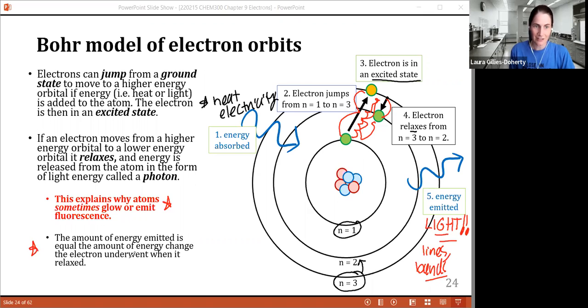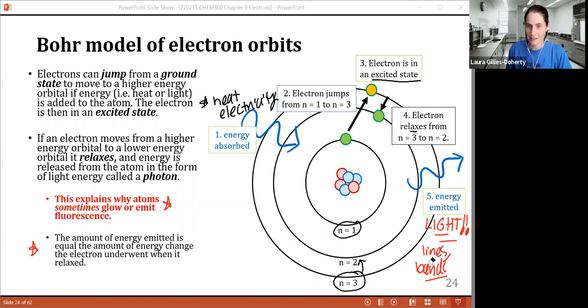And then the last thing to note is that the amount of energy that's emitted is going to be related to the amount of energy between these different orbital levels. It takes energy to jump from a low energy level to 1 or 2 or 3 or however many higher energy ones.